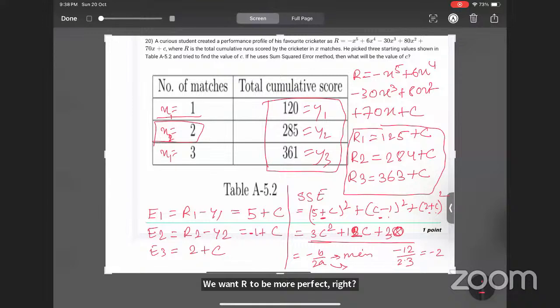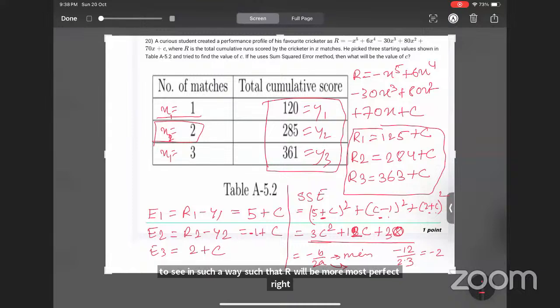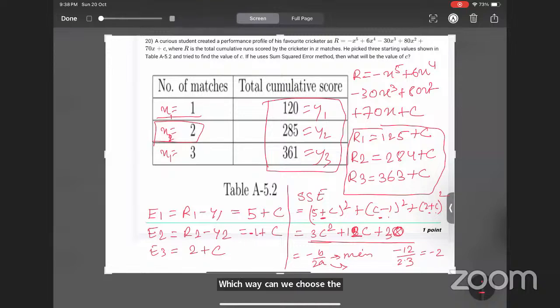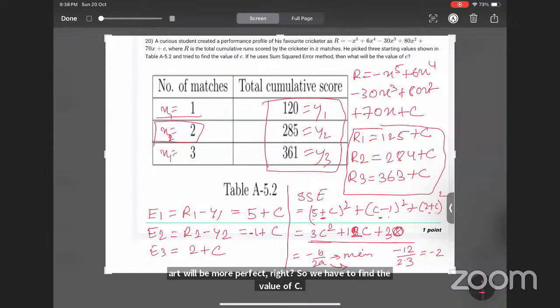We need to see in such a way that R will be most perfect. So which way can we choose C? When the error is minimum, then R will be more perfect. So we have to find the value of C such that the equation is best.